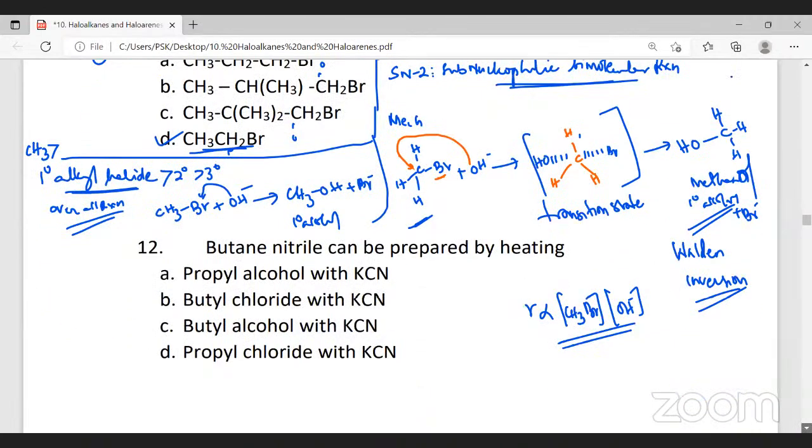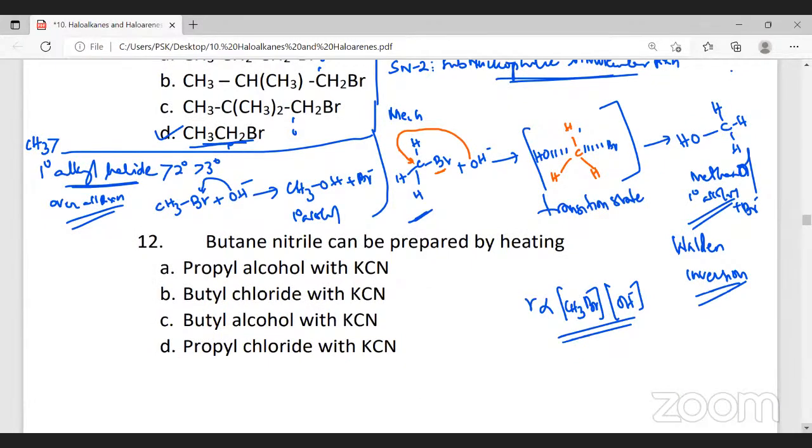Yes, sir. The next question: butane nitrile can be prepared by heating. What are nitriles? Cyanides are called nitriles. How can we prepare butane nitrile?